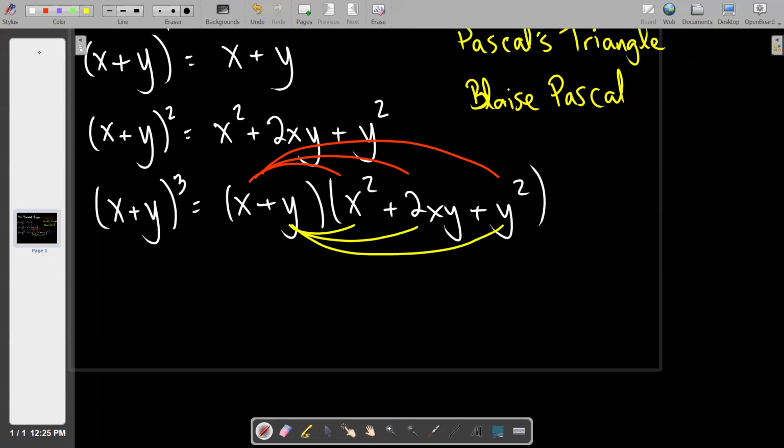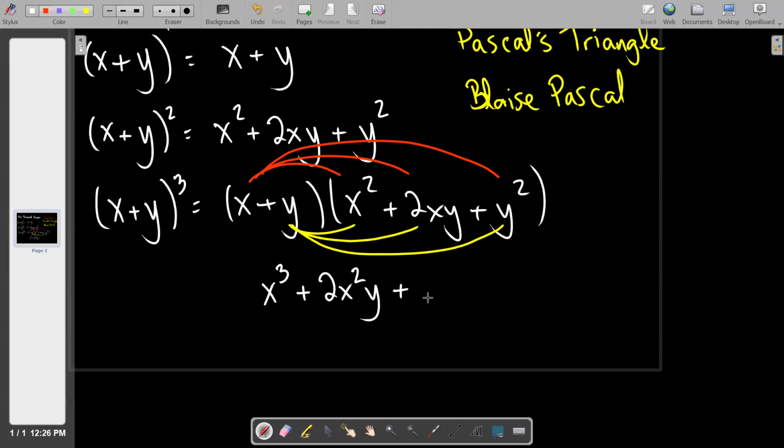What's the first red answer going to be? x cubed. What's the second red answer going to be? 2x squared y, so plus 2x squared y. The third red answer?